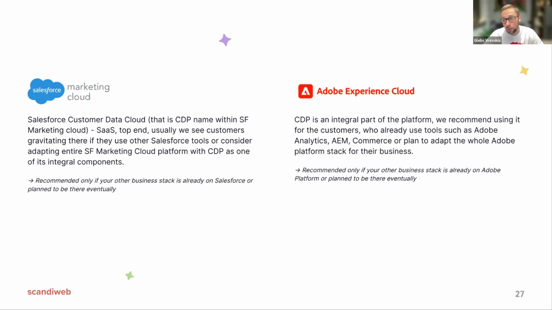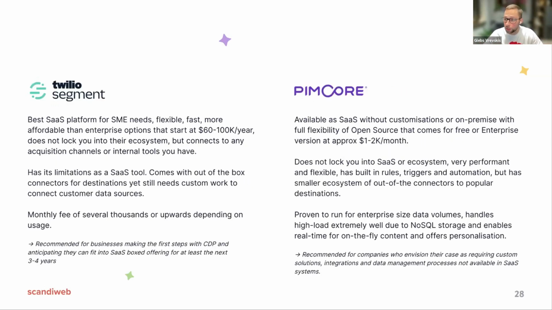But if your company is running on neither of them, there are 2 more options. One is Twilio Segment, which is a SaaS-based solution that can be much faster to implement, but you may need to put yourself into the boxes of a SaaS-based solution, meaning it's much harder to customize and support some specific needs in case you have them.